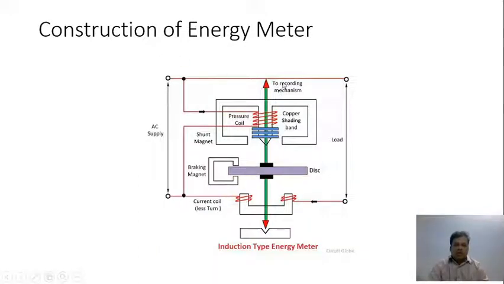We have a current coil wound here, and here also a current coil is wound, and here the braking magnet is kept, here the shunt magnet is kept, and here the pressure coil and the copper shading band are there. The pressure coil runs from this side to this side. This is called the pressure coil, and the copper shading band is also there. Here the load will be placed.